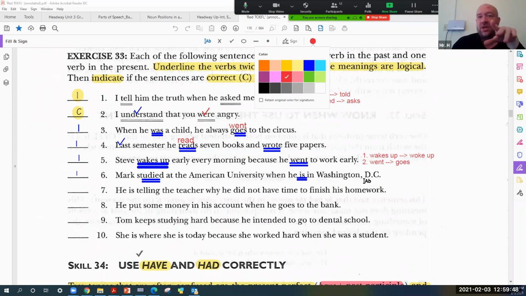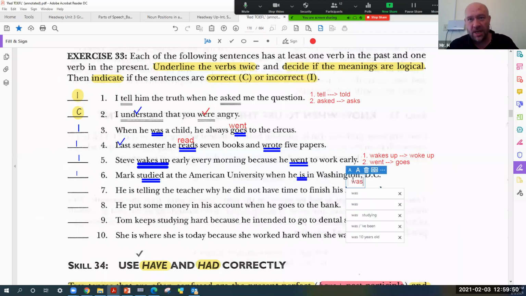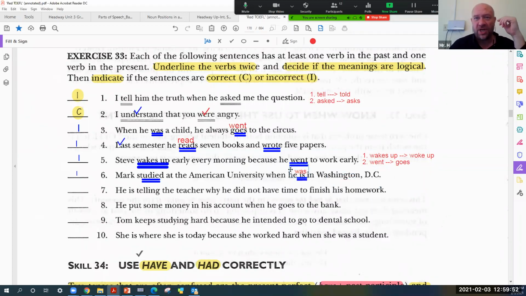Mark studied at the American University when he was in Washington. What about the first one? Can I change the first one? Yes, you can. Mark studies at the American University when he is in Washington. It's okay, but a little bit illogical.